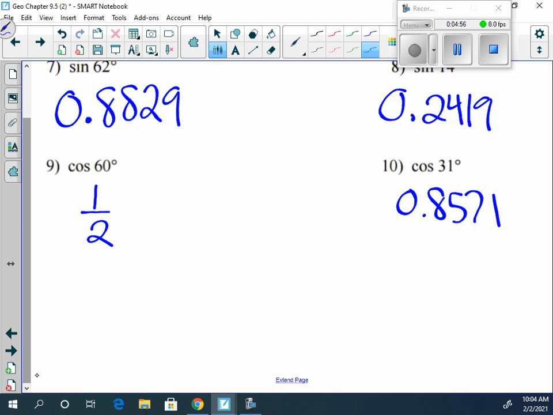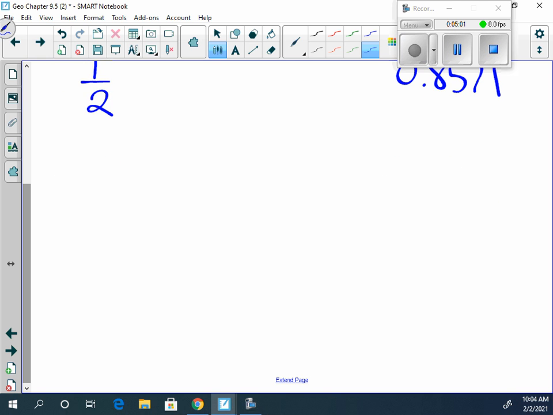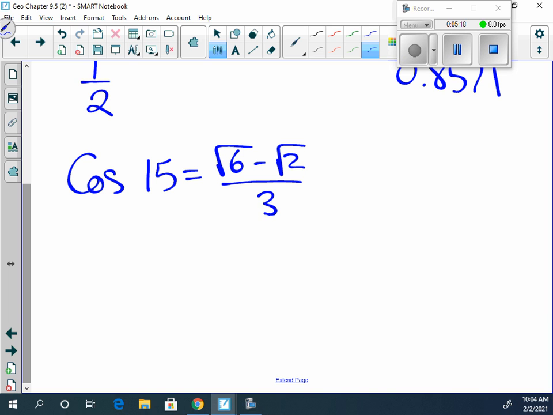We kind of like these, don't we? How about cosine of 15? Divided by what? 4. What's that approximately? Turn it into a decimal.